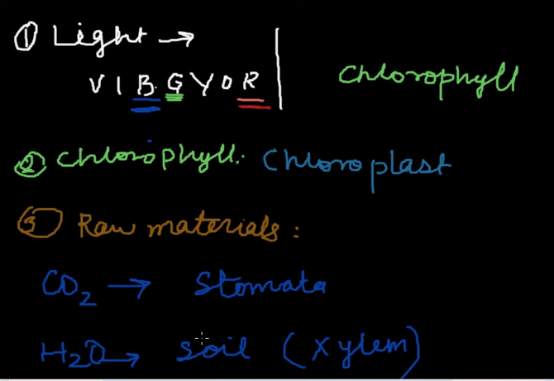Okay, means there are three main elements necessary for photosynthesis. First is light, second chlorophyll, and third raw material consisting of CO2 and H2O, means carbon dioxide and water.